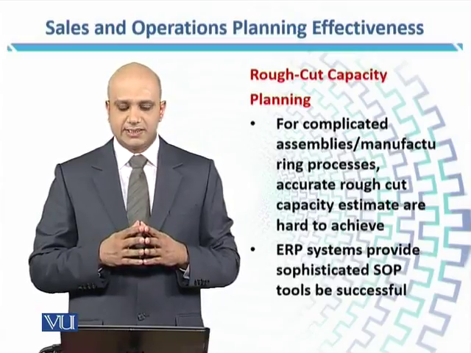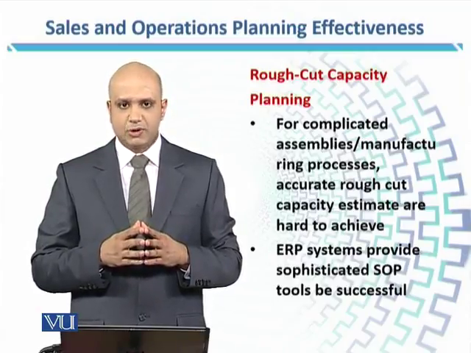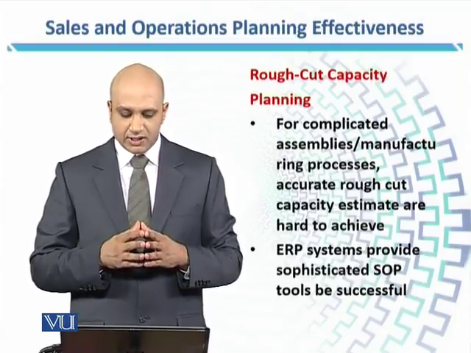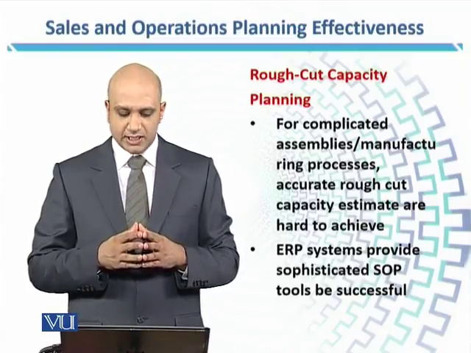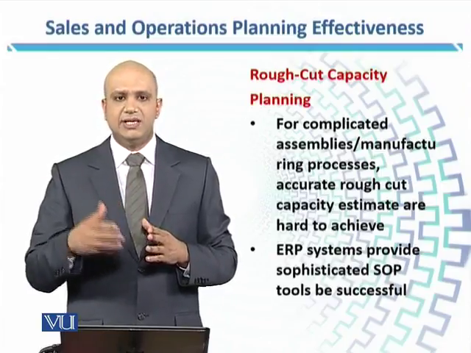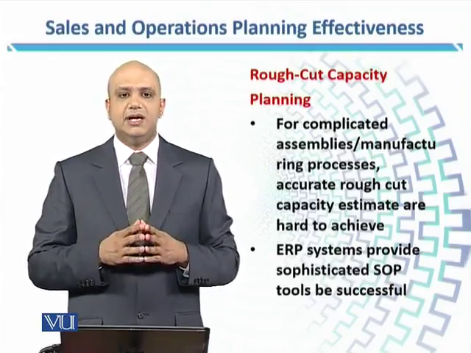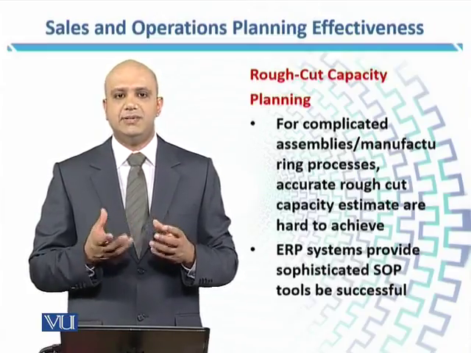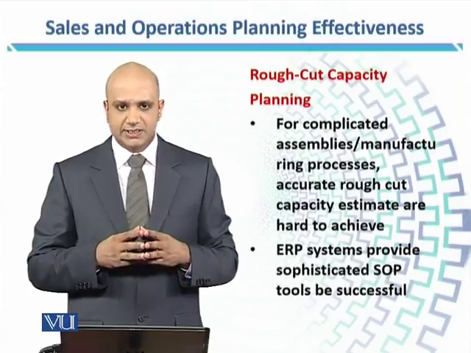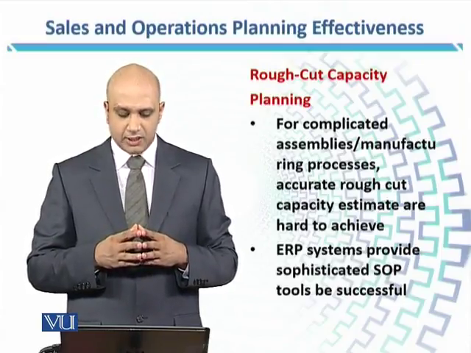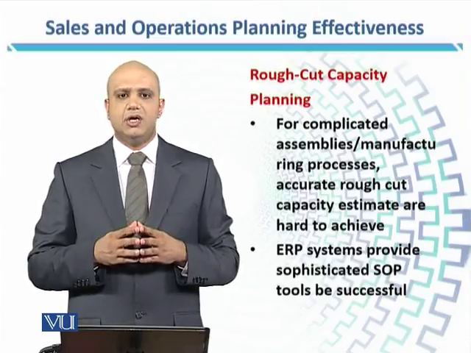For complicated assemblies and manufacturing processes, accurate rough cut capacity estimates are hard to achieve, because the more manufacturing complexities there are, the more difficult it is to make a rough cut capacity plan. An ERP system provides sophisticated sales and operation planning tools to be successful.